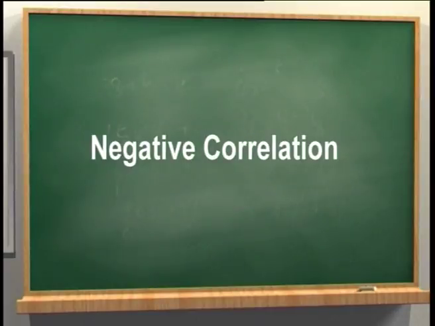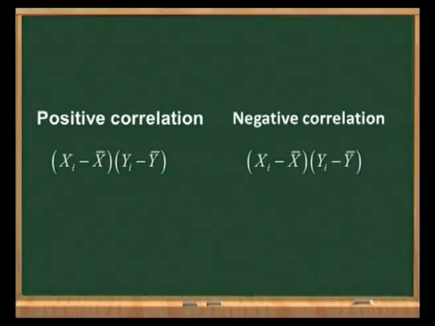Negative correlation. Suppose that an x value was above average and that the associated y value was instead below the average, then the product (xi minus x bar) into (yi minus y bar) would be the product of a positive and a negative number, which would make the product negative.